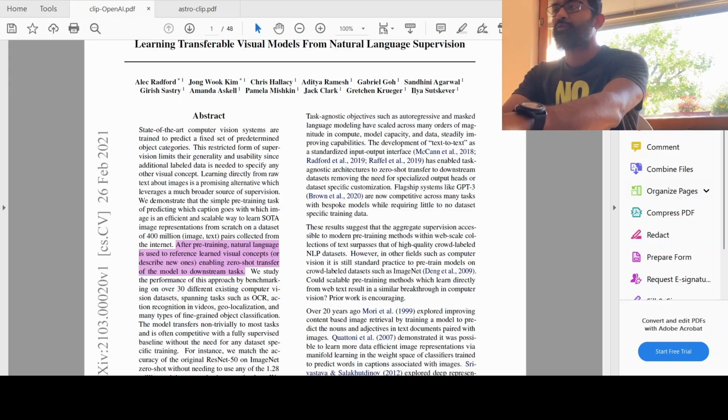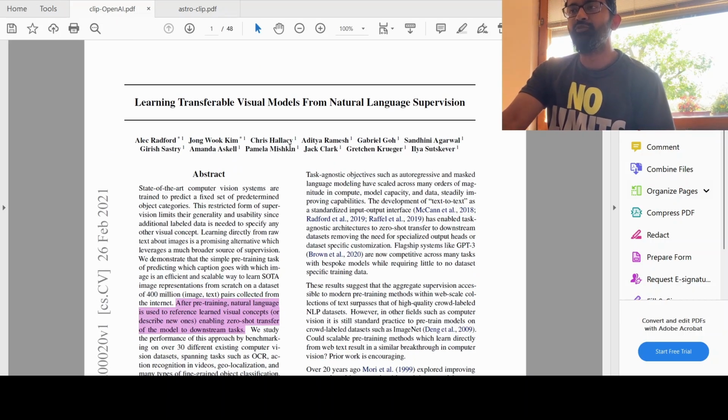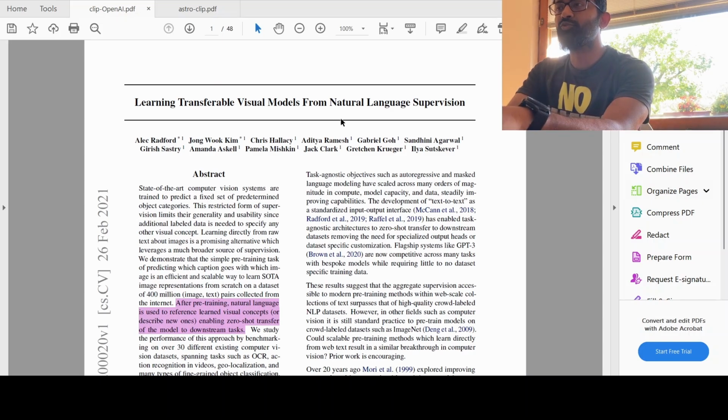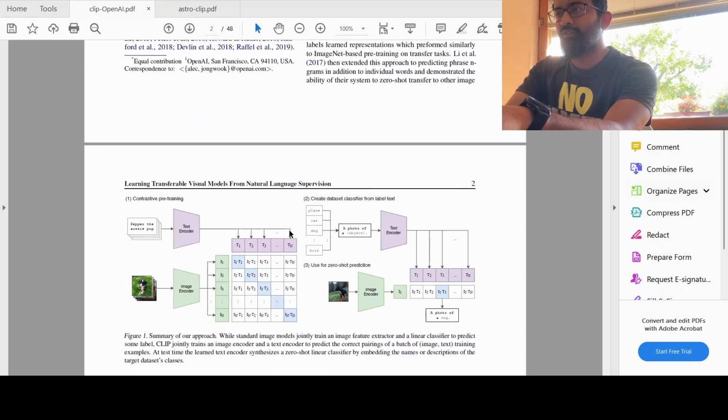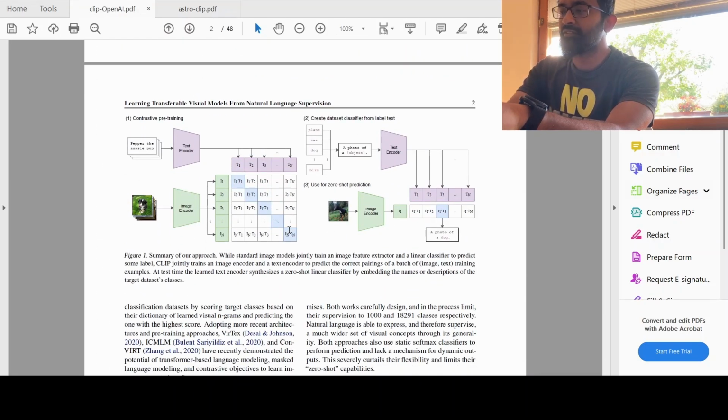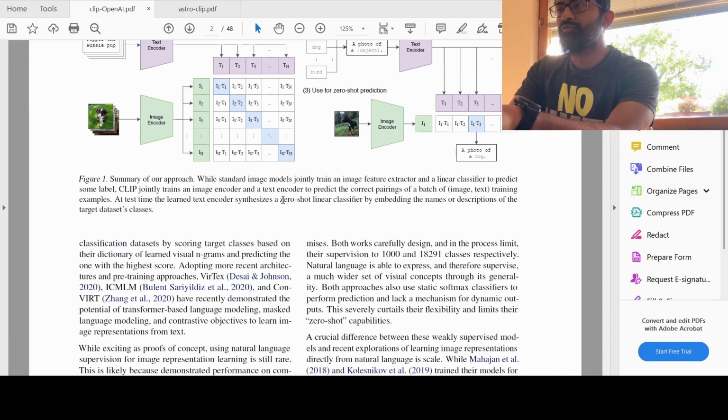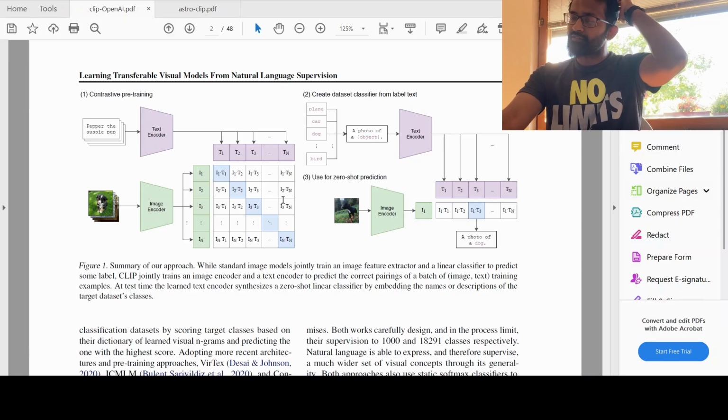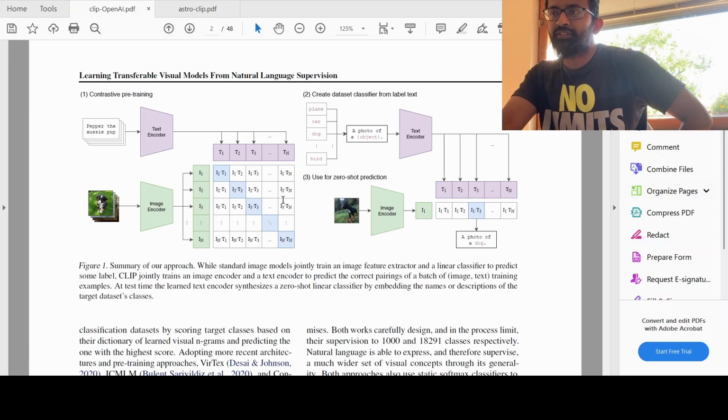The paper title is a bit weird. It says Learning Transferable Visual Models from Natural Language Supervision. Now, if I go down, what you will see here is the representative CLIP paper image, which we usually use in slides when we present.